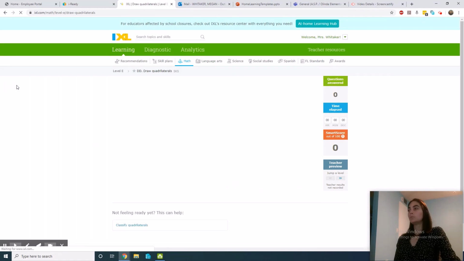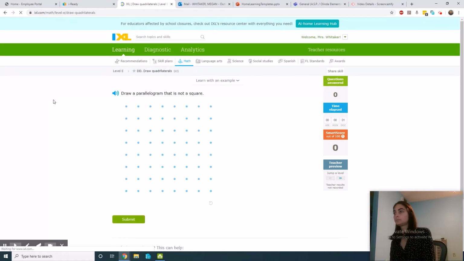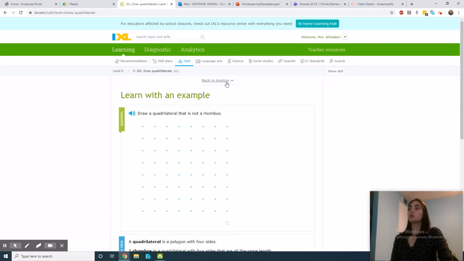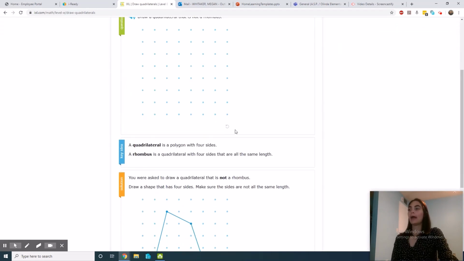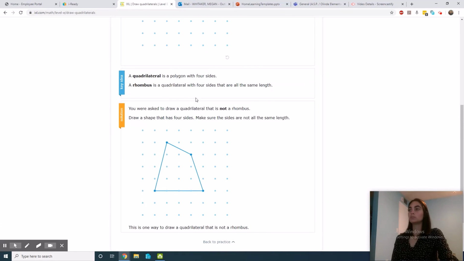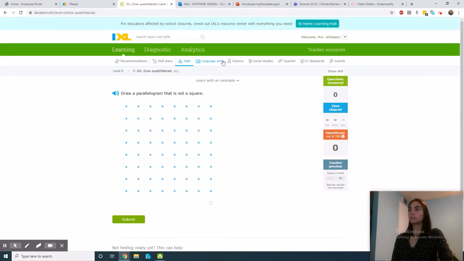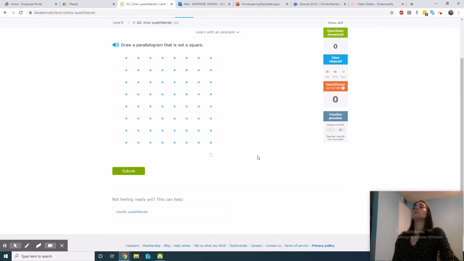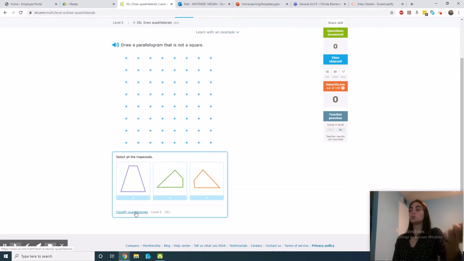When you click on it, you're going to come to this page. And remember, on top it says learn with an example, so you can always click it and it'll help you. It'll give you some information and it'll help you. Also, if you're having a hard time, you can go back to a different lesson to help you better understand.